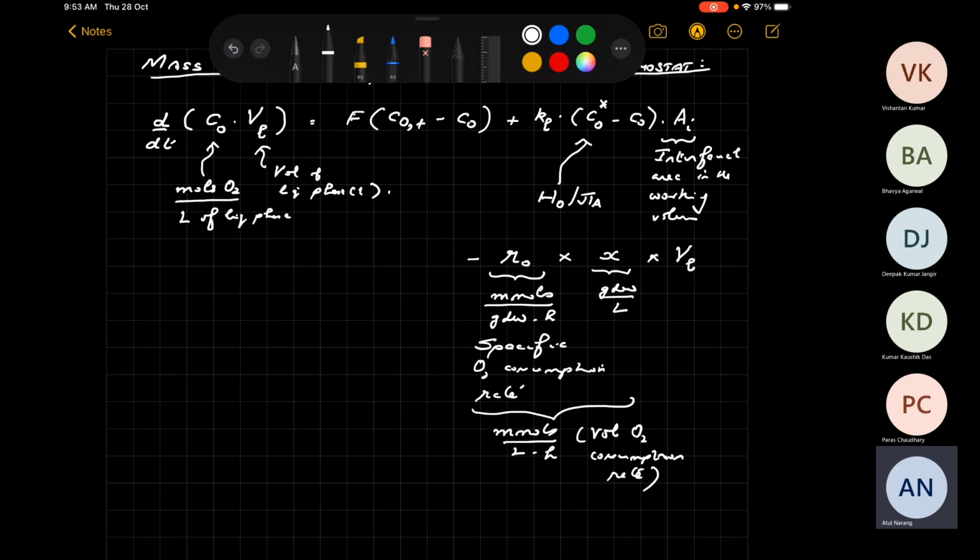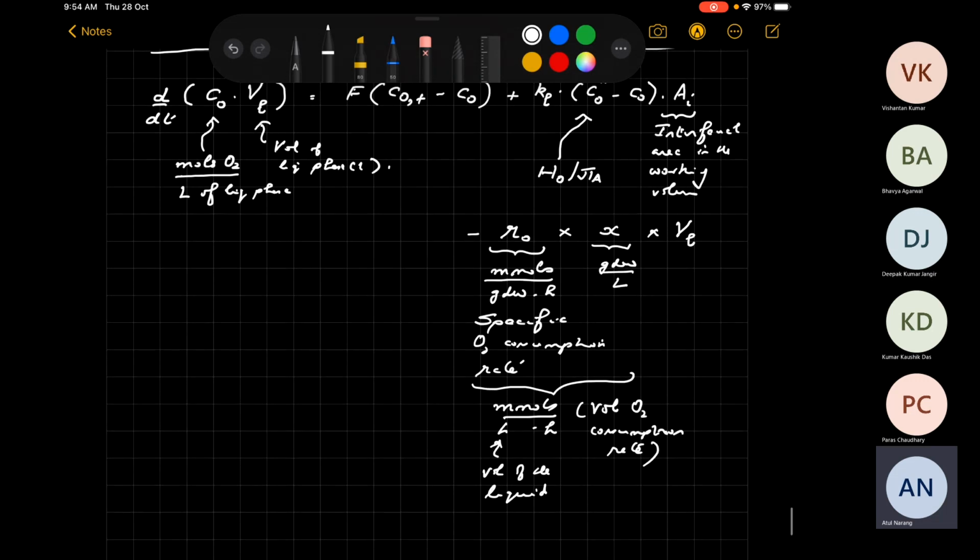This is per liter. When you say liter over here, that is referring to the volume of the liquid, because the cells live in the liquid and consume oxygen also in the liquid phase.